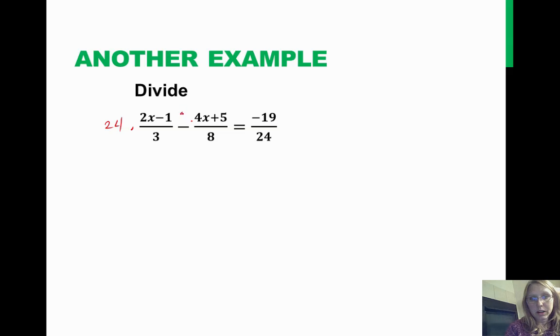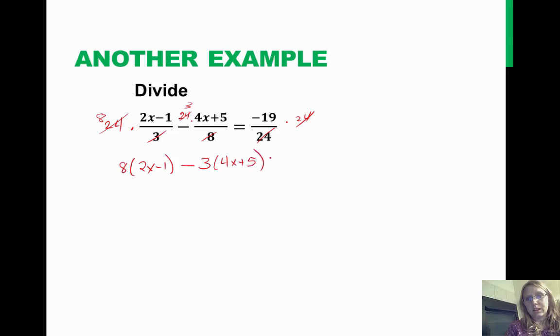Then 3 goes into 24 8 times, 8 goes into 24 3 times, and 24 cancels out altogether. So let's rewrite this. We have 8 times (2x minus 1) minus 3 times (4x plus 5) equals negative 19.